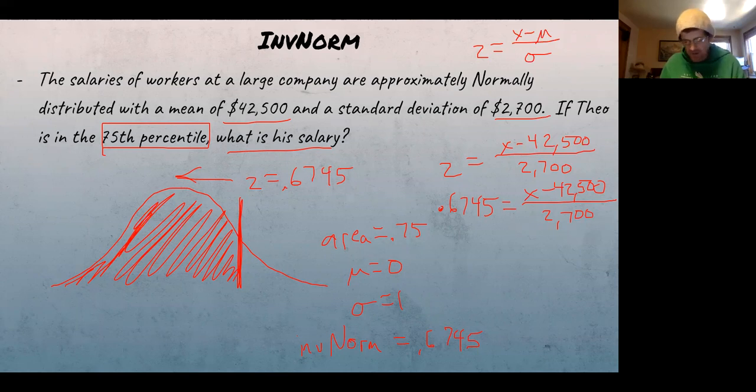I'm not going to go through all the steps of that. But I got that for his salary. All right. And if you didn't, we can troubleshoot and figure out where you went wrong.